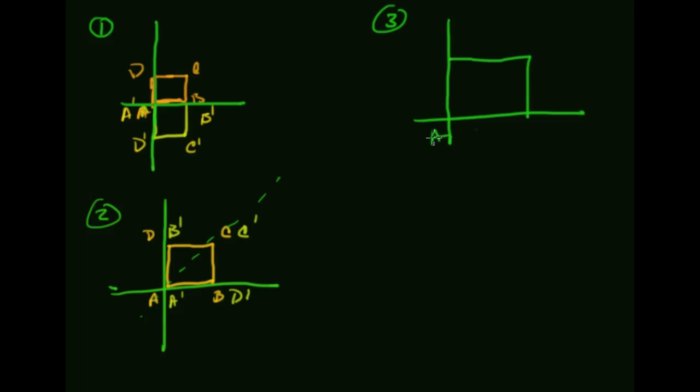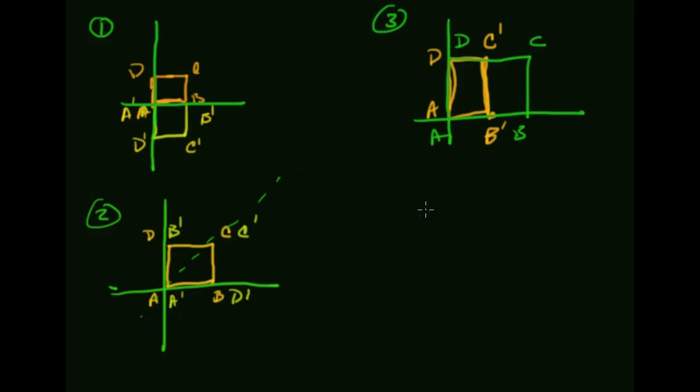So this is A, B, C, and D. But then what happens is I'm contracting over the x, right? So the x is now half x, so B prime is going to be here, C prime is going to be here. A and D are not moving because their x's are 0 and half of 0 is 0. So the contracted rectangle will be there.